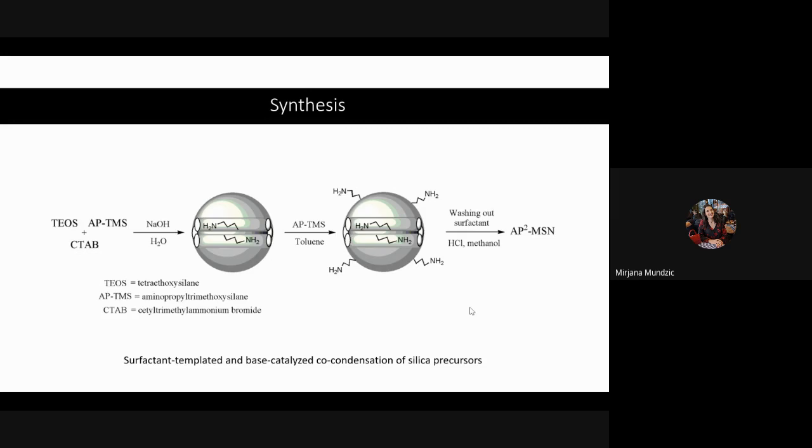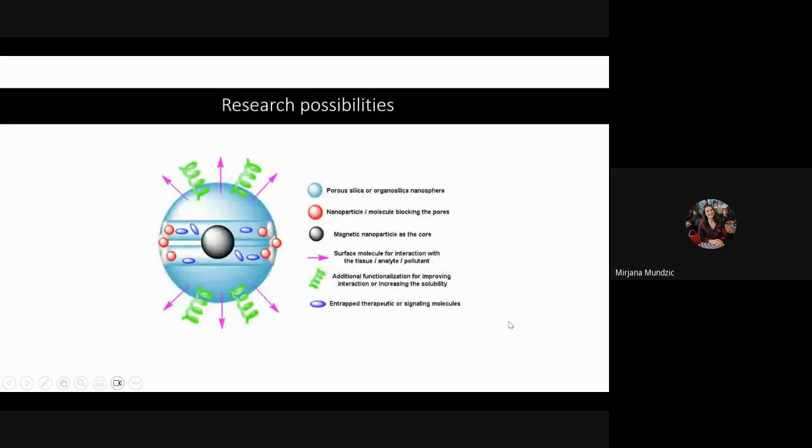Then we add tetraethoxysilane, which is a precursor, and in that manner we form the nanoparticles, which should be washed free of the surfactant inside of those tubes, and we usually do it in the presence of acid and methanol.